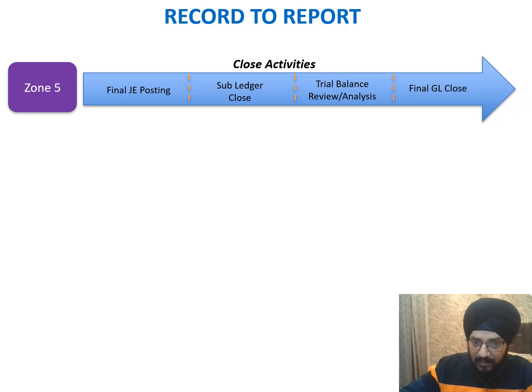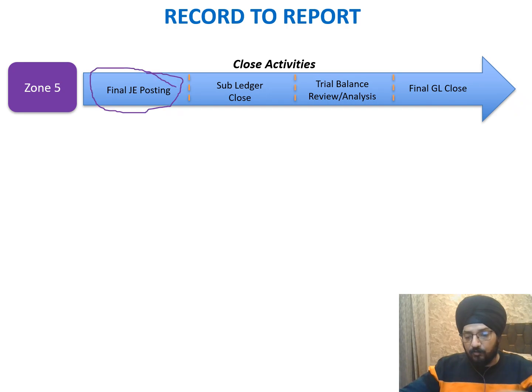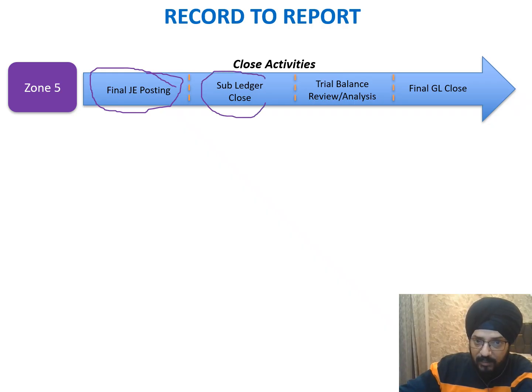All the journals that we have created on account of the adjustments, accruals, reclassification, allocation have been looked into, reviewed, and then we are in a position to post those journals in our GL before we start proceeding with GL close. We close our subledger, and make sure that all the entries in the subledger are interfaced to our GL.